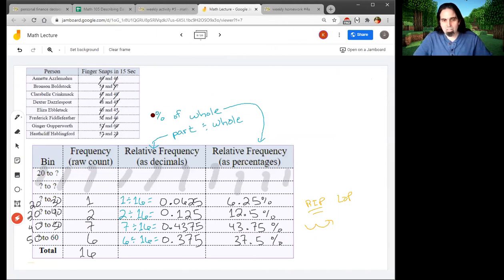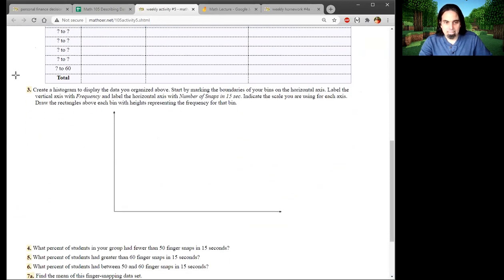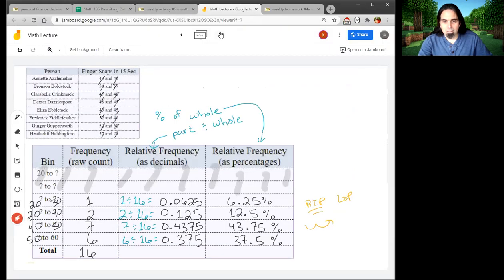Before I move on, everyone okay? You could make this kind of relative frequency chart if you needed to on your own. Okay.